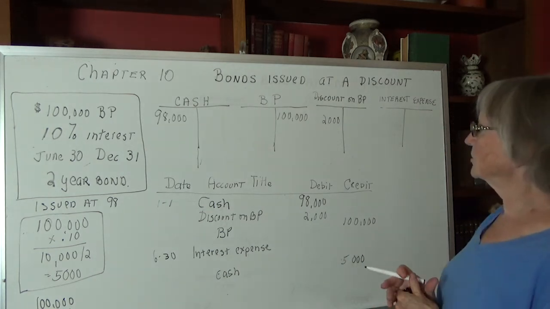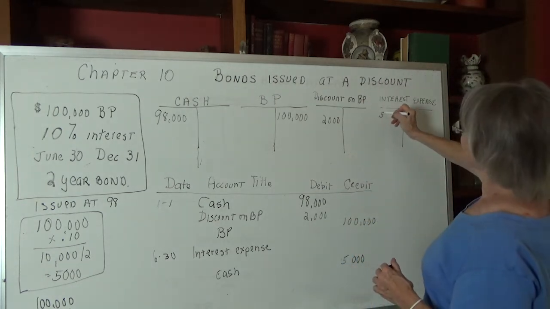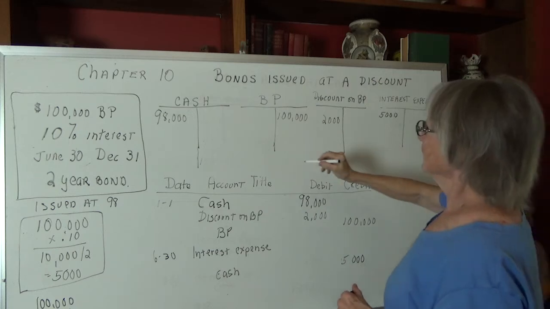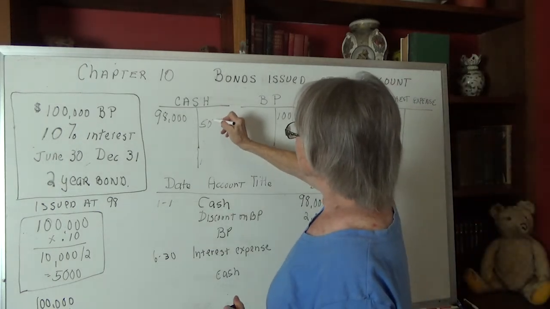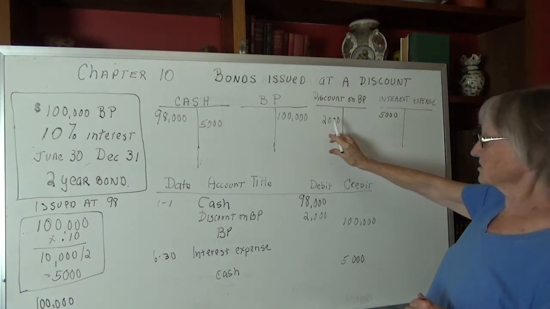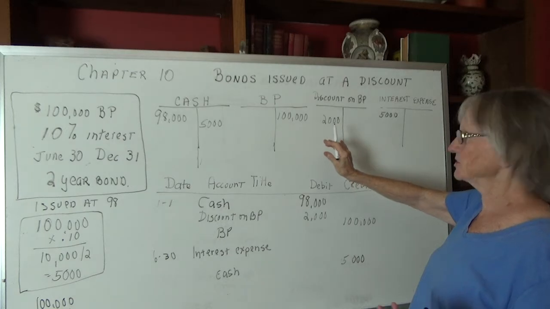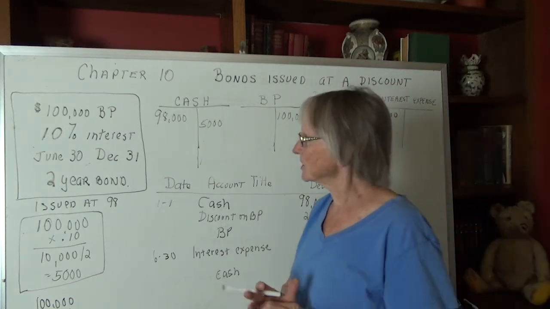But let's look at what happens here. So we've got interest expense so far of $5,000, and we've paid out cash of $5,000. But we've got to deal with this $2,000 discount on bonds payable, and we're going to amortize some of that with each interest payment. Well, how many interest payments do we have?